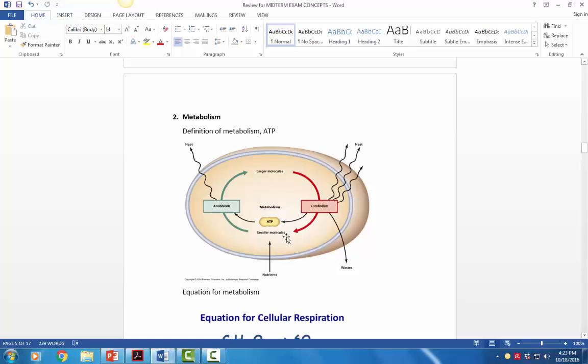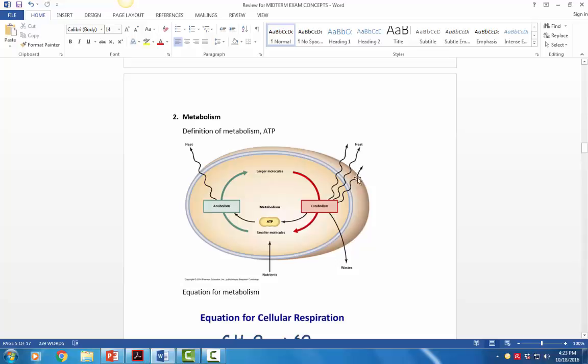Both of these reactions involve either the formation or the breakdown of ATP. It requires nutrient molecules to provide the basic building blocks, and there's also waste products given off in this process, as well as heat, as some of the energy from these molecules is not completely converted into the new molecule. So we see a little bit of heat loss occurring with metabolism.